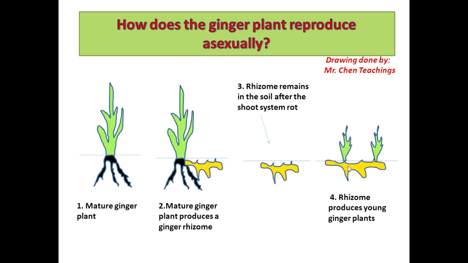Once the rhizome realizes that it needs a shoot system and root system to continue its generation, that hormone will trigger these buds to grow, and that energy will come from the food that is stored in the ginger plant. So that is how a ginger plant will normally reproduce asexually. The other plants are similar. That's the same method that they'll use. They'll use their stored food and hormones to grow buds and produce roots, etc.